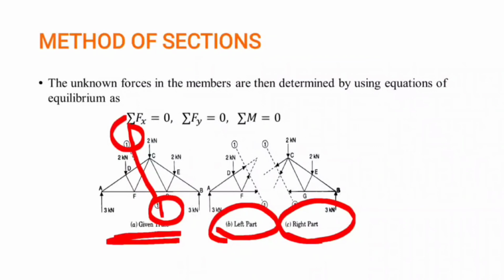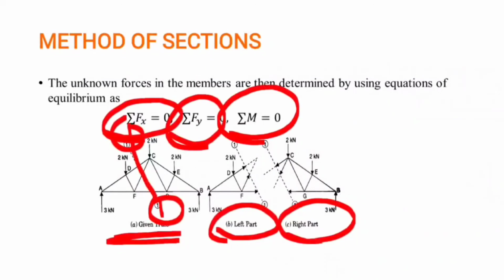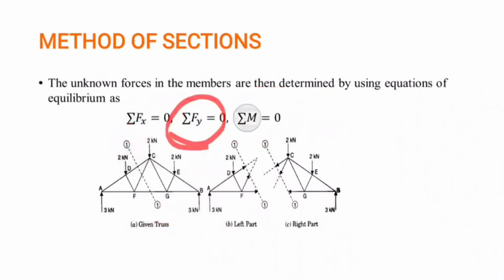What are the equilibrium conditions we used? The unknown forces in the members are determined by using the equations of equilibrium: sigma Fx equals 0, sigma Fy equals 0, sigma M equals 0. What it represents: sigma Fx equals 0 means the sum of horizontal forces in the section is equal to 0.